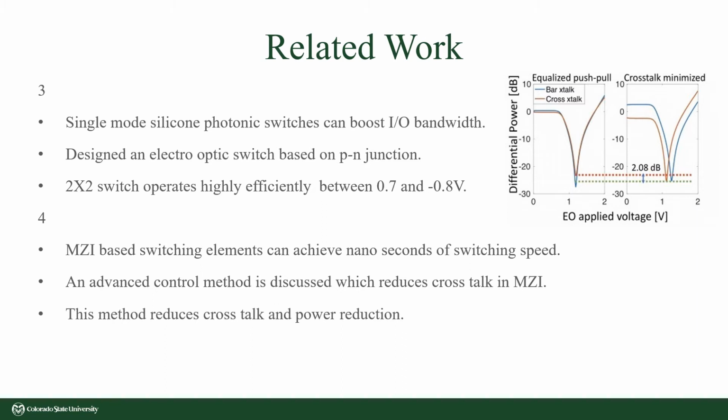So, to improve the crosstalk limit, an advanced control method is introduced that coordinates thermo-optical and electro-optical phase shifters. This method not only improves crosstalk levels but also crosstalk susceptibility. Reduction of crosstalk in different switching elements leads to less power consumption.